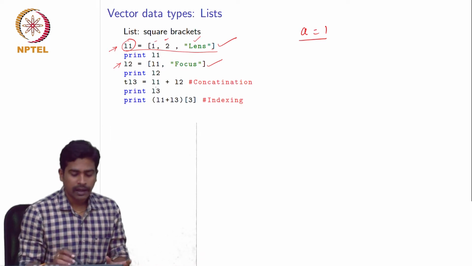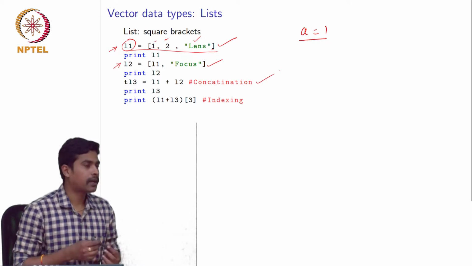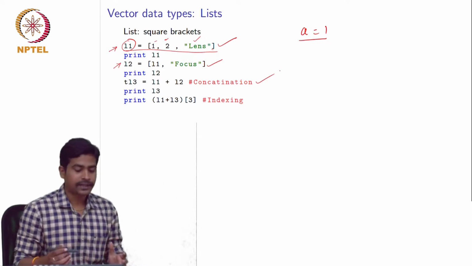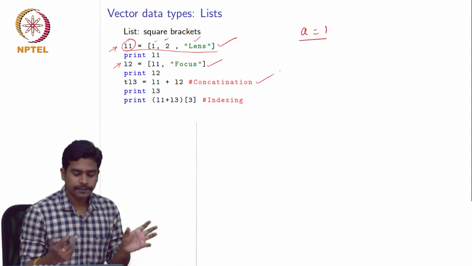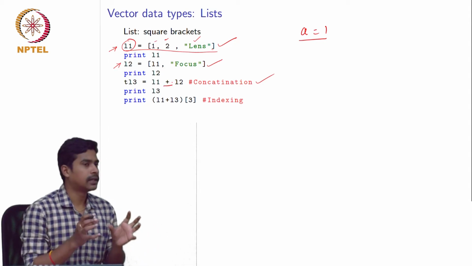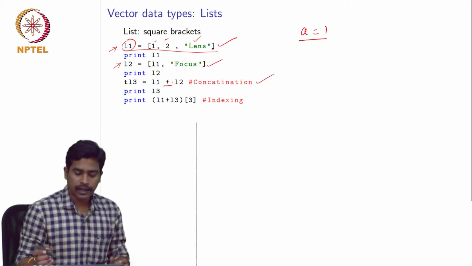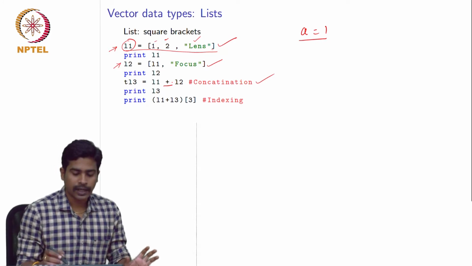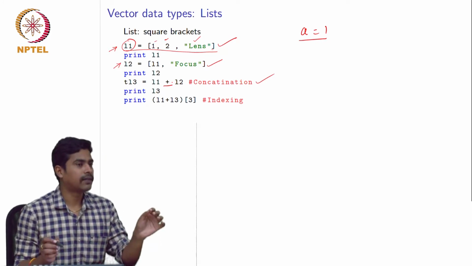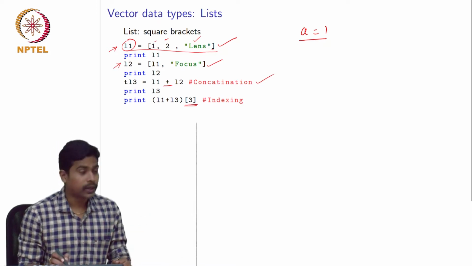And there are some of the operations that we can do on lists. For example, if we have two lists L1 and L2, we can use this plus operation to join these two lists. And just like we have seen in the last lecture, if you want to address a string, if you want to find the first element or second element in a string, we use this notation.